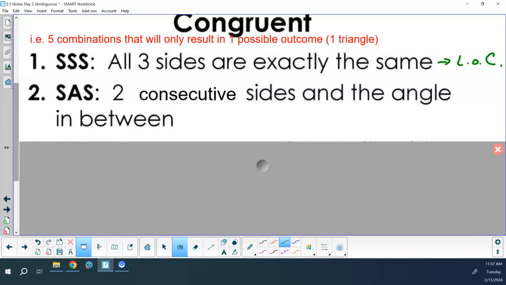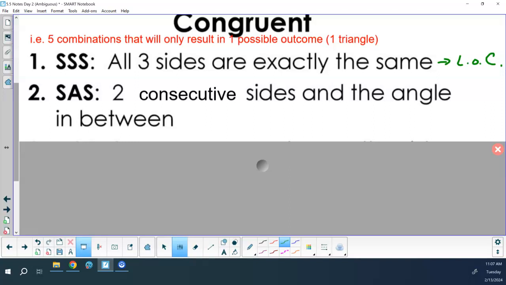Then there's side angle side, which for you was two congruent sides and one congruent angle in two sets of triangles. For us, it's going to be two consecutive sides and the angle in between them.